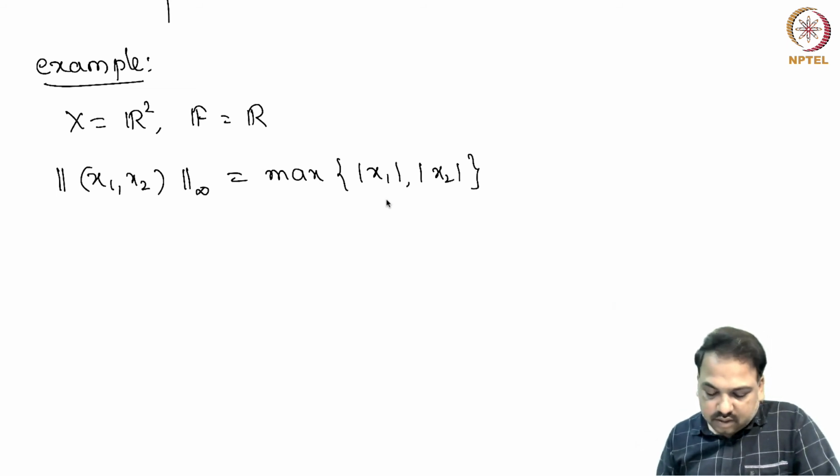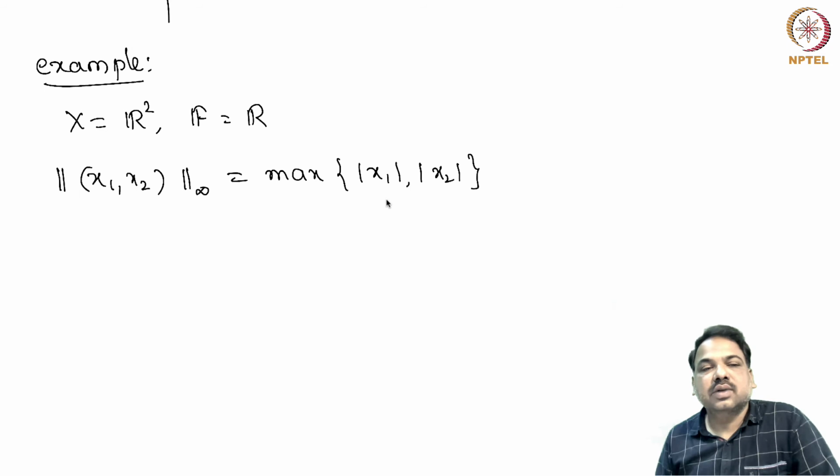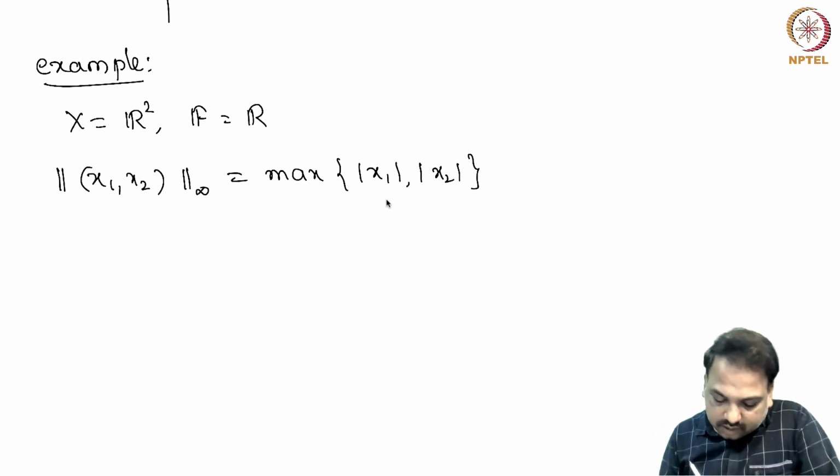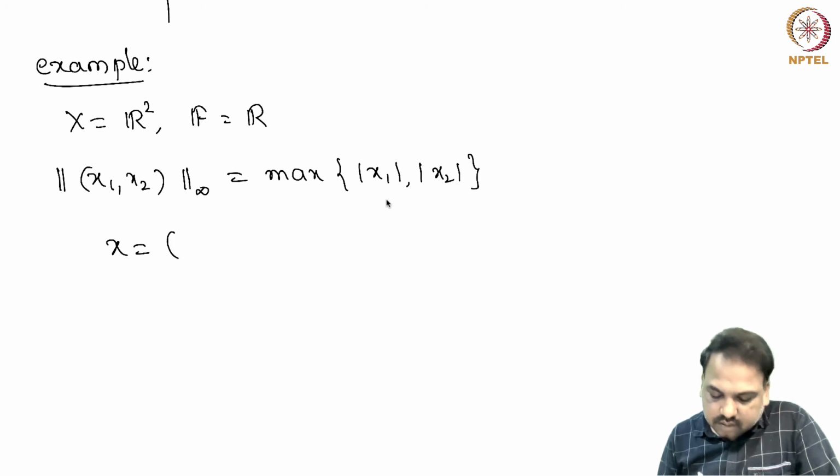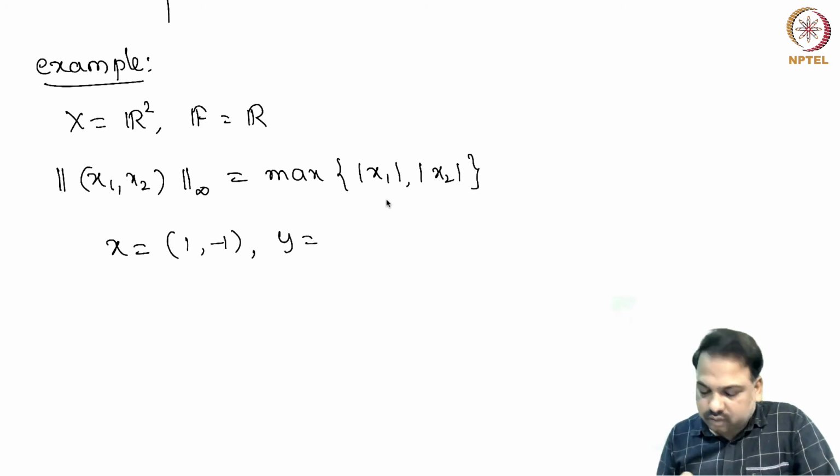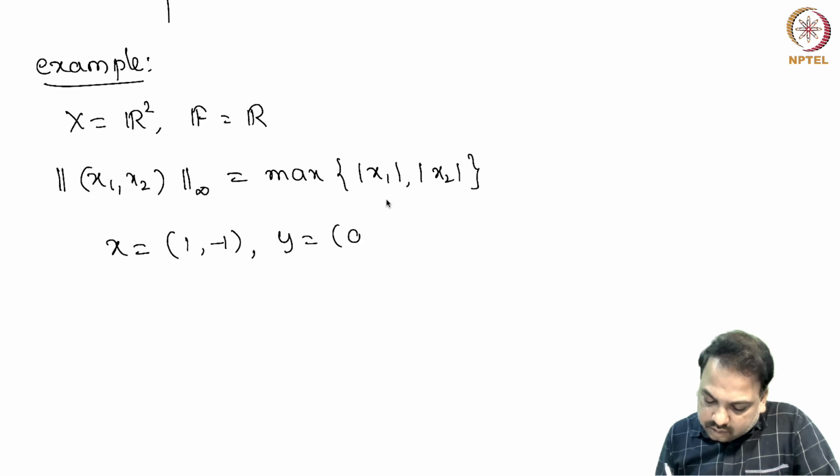Now we can say that this norm does not satisfy the parallelogram law. Let us take the vector x as 1 comma minus 1 and y to be 0 comma 1.